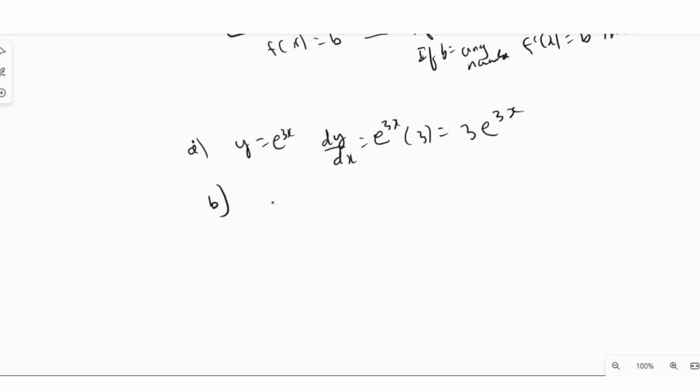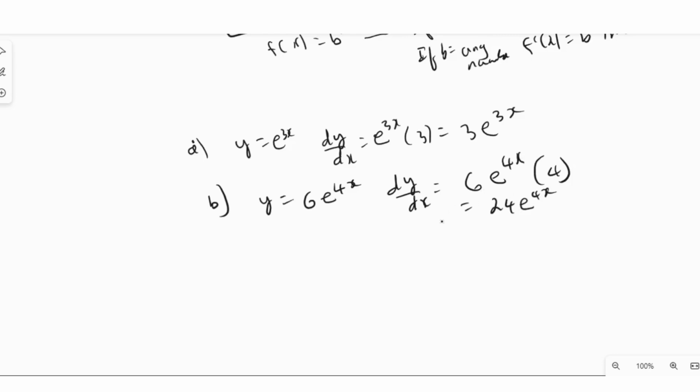B. If y is equal to 6 times e to the power 4x, then dy/dx, the derivative, will be: 6 stays the same, e to the 4x stays the same, multiplied by the derivative, which is 6 times 4, 24, e to the power of 4x.